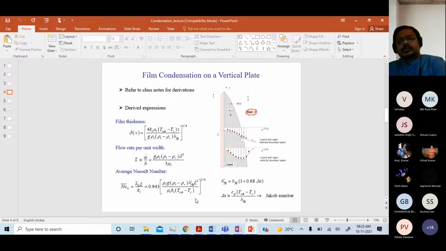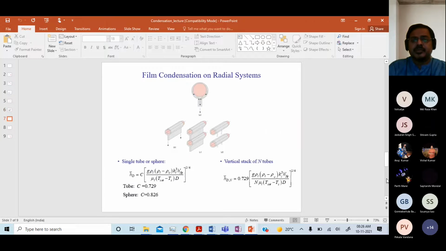So therefore, what we said, and that's why we had made a statement at the beginning, is that it's preferable to use shorter plates or condensation over cylinders, right? Now what happens if you have condensation over a cylinder? So a liquid film is going to form as is shown here. Let me go to full screen.